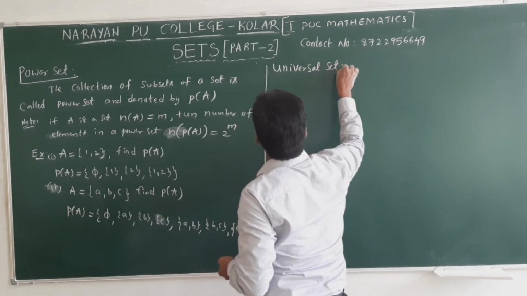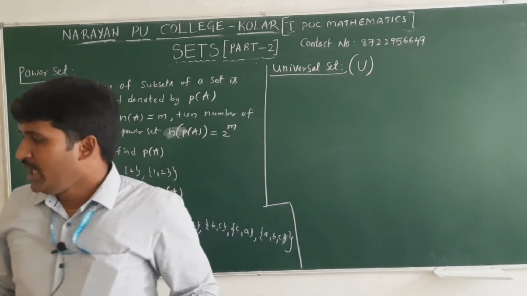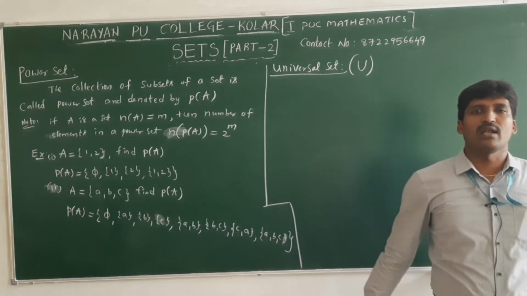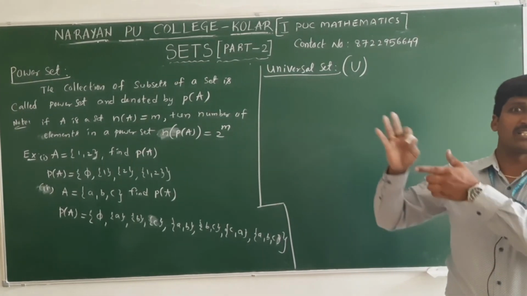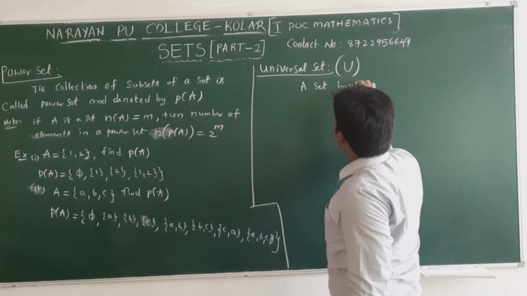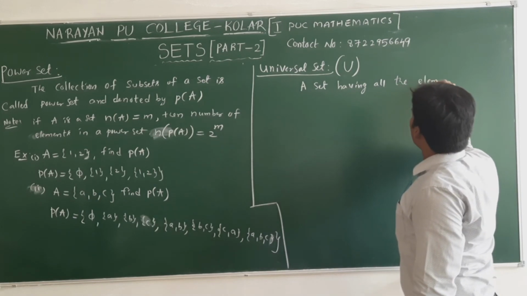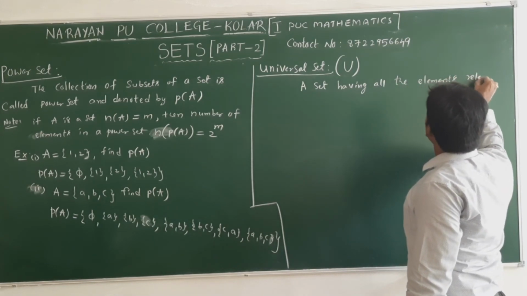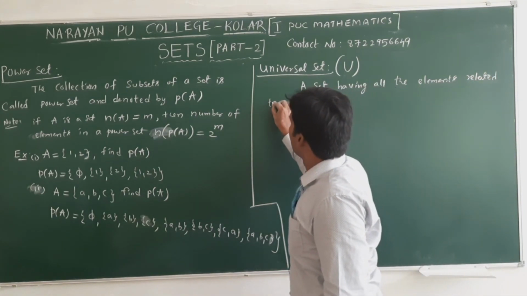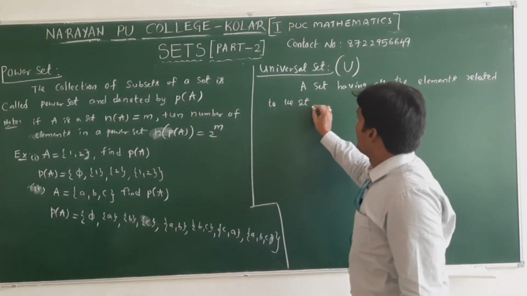Next, the universal set is denoted by the symbol U. Universal set means a set having all elements related to all the subsets. A set having all the elements related to the set. Related to the set means what?